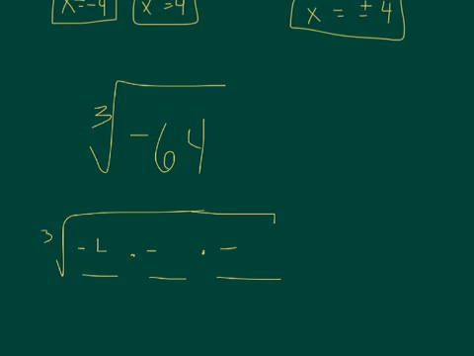Yeah, because again, 4 times 4 times 4 is 64. So negative 4 times negative 4 times negative 4 is negative 64. So therefore, my answer is just negative 4. Whatever would fill in those 3 spots is your answer. A lot of you are forgetting that once you come up with these 3 spots, you have to get rid of the cube root.